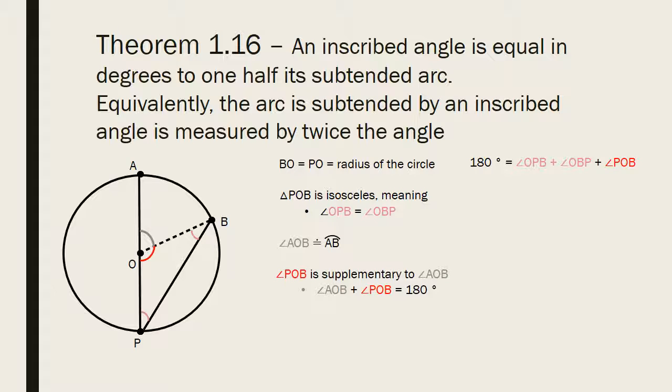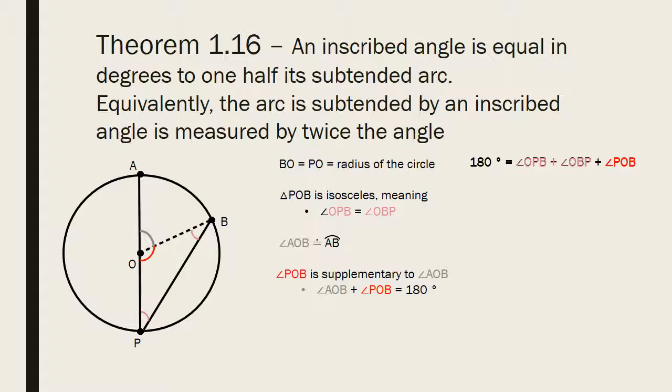We also note that the angles in triangle POB must add up to 180 degrees. So we can say 180 degrees equals angle OPB plus angle OBP plus angle POB. We already established that OPB and OBP are the same, and for short, we're just going to change that to angle P.